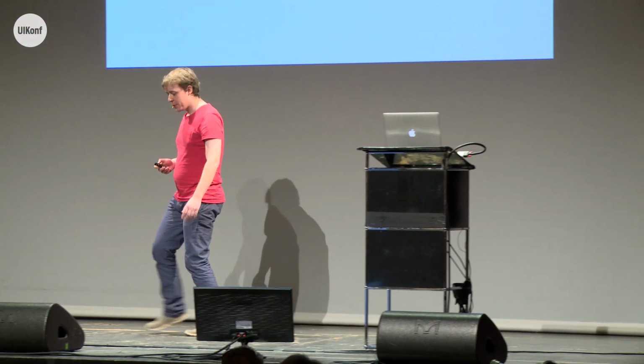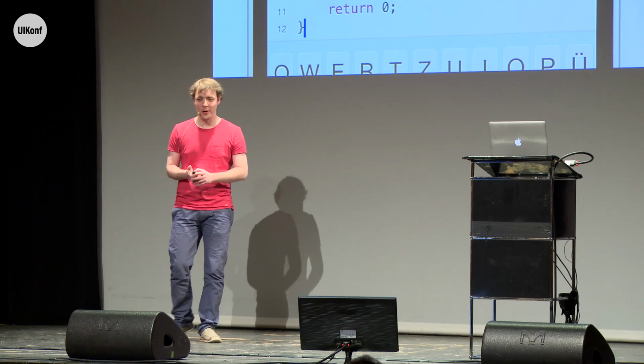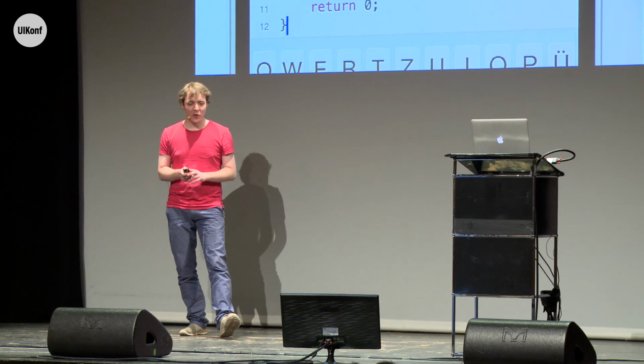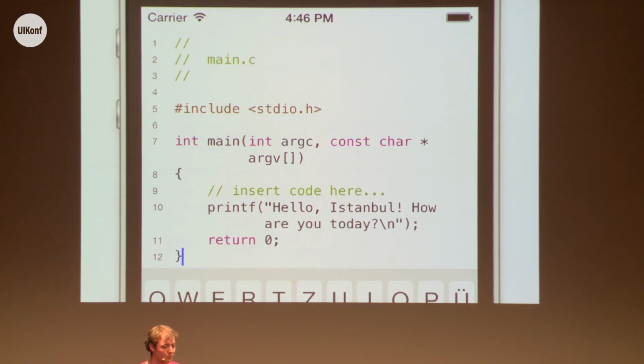Let's get into the real stuff. Syntax highlighting. We are programmers, aren't we? Code has to be colorful because otherwise we won't be able to read it. And so the very most important feature every programmer needs is syntax highlighting.